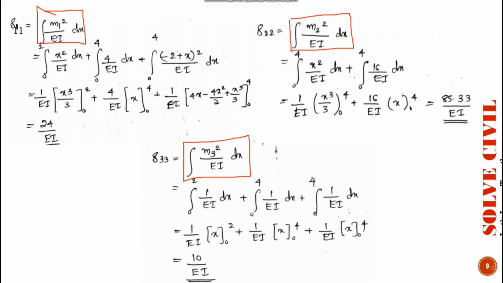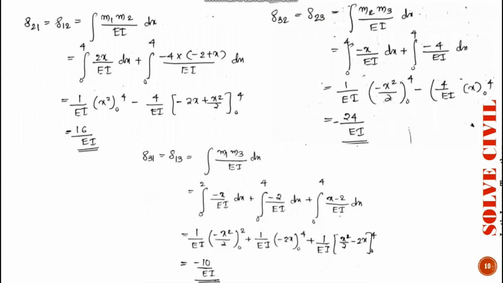Substituting the values, we'll get the values for delta 11, delta 22 and delta 33. Similarly, delta 21 and delta 12 will be integral m1 m2 by EI dx. Delta 32 equals delta 23 will be integral m2 m3 by EI dx, and delta 31 equals delta 13 will be equal to integral m1 m3 by EI dx. Substituting the values, we'll get the values for these deltas.